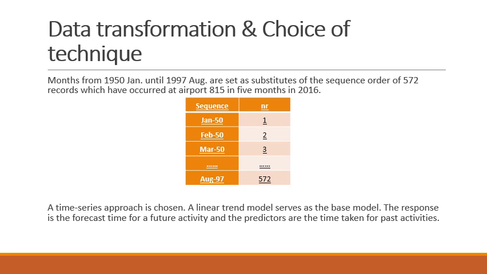A linear trend model is chosen as the base model. The response of the linear model is the forecast time for a future activity, and the predictors are the times already taken for past activities.